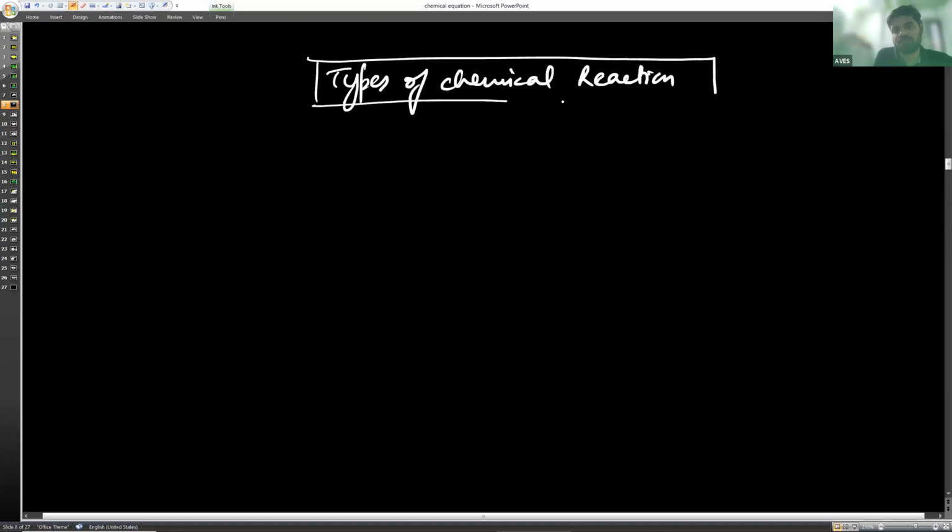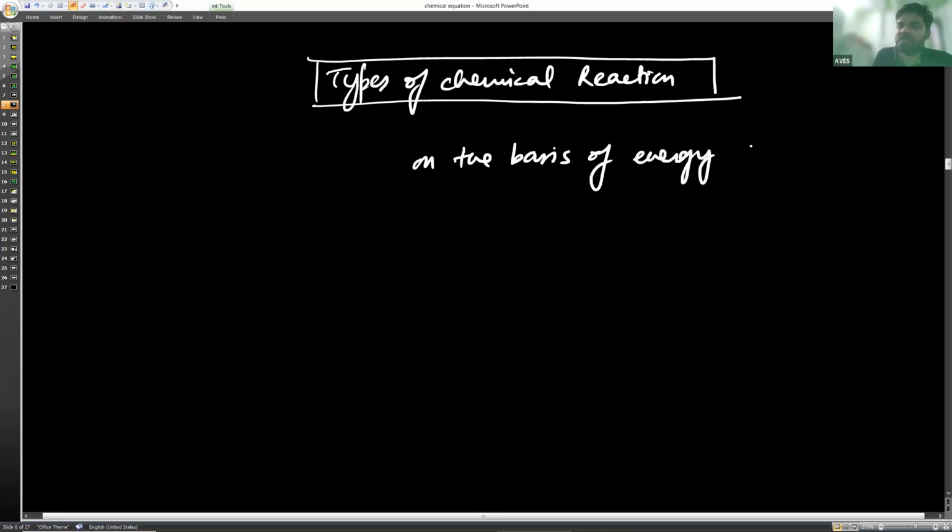So the topic of today is the types of chemical reactions. I'll put it down. Types of chemical reactions. On the basis of energy released or gained during the reaction, or supplied, you can say, the better word is supplied.